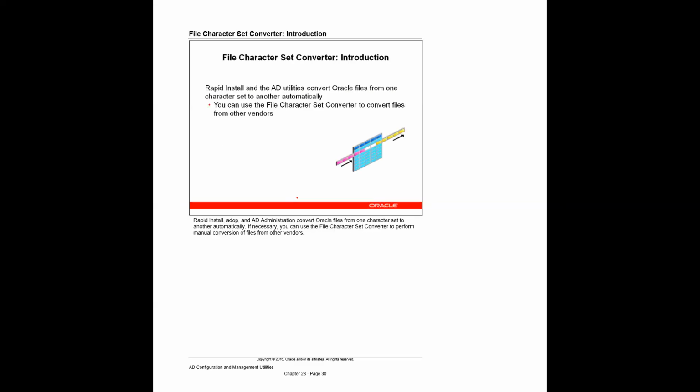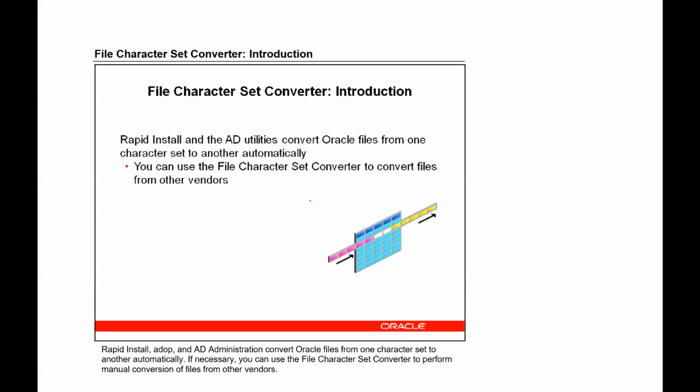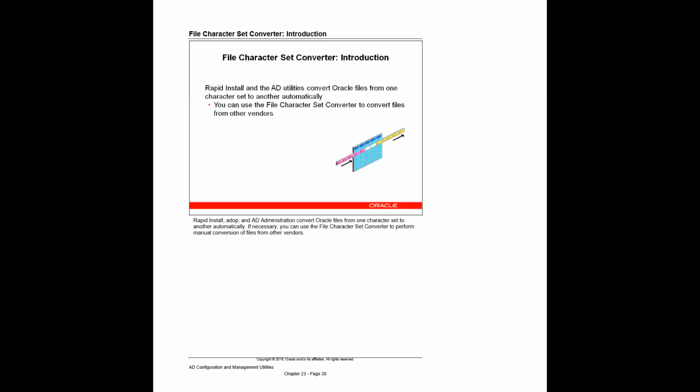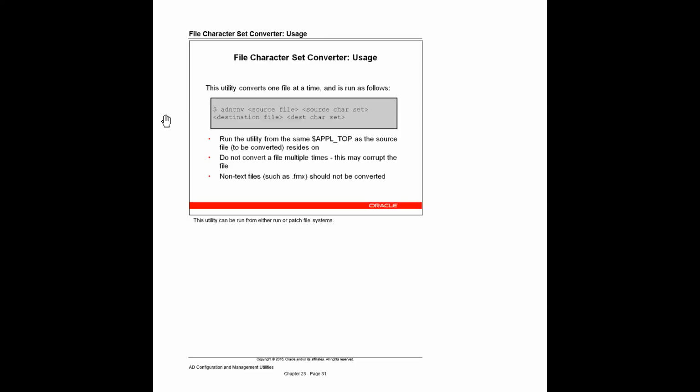Right. So sometimes you may have to convert a single file from one character set to another character set. You can use AD admin that will convert all the files, but sometimes only one file is missed. Then you can use this file character converter.